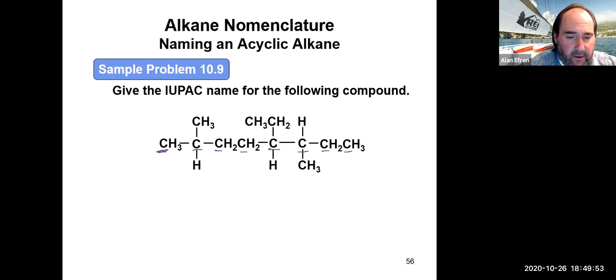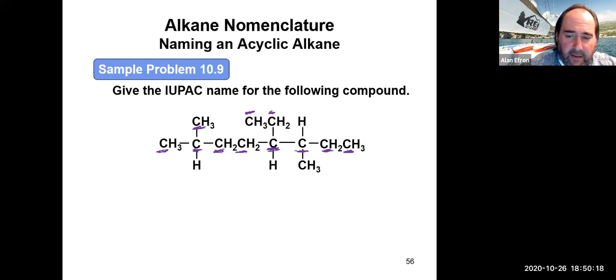We could go 1, 2, 3, 4, 5, and go up 6 and 7 carbons. That's less. We could go on the right here, 1, 2, 3, 4, 5, and 6 carbons. So that's less. And we could go right 1, 2, 3, 4, 5, 6, 7, and 8.